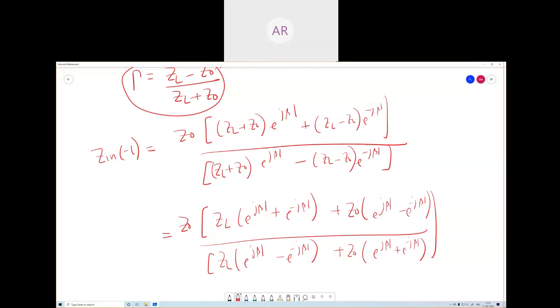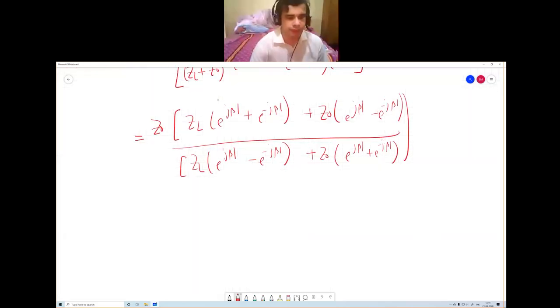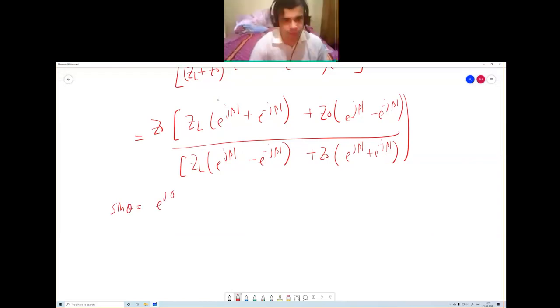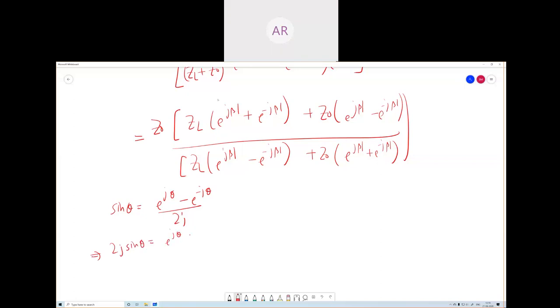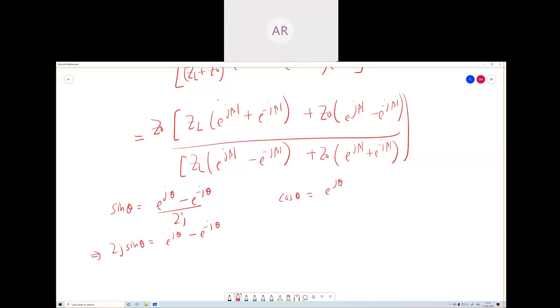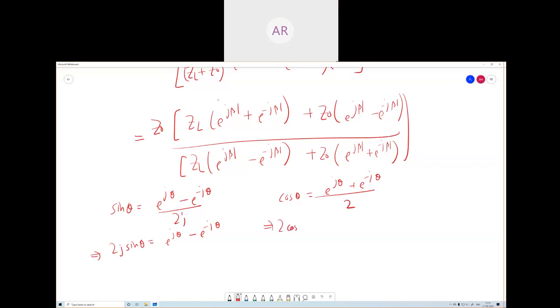Okay. Now we use the very old identities: sine theta is equal to e to the power of j theta minus e to the power of minus j theta over 2j, or 2j sine theta equals e to the power of j theta minus e to the power of minus j theta, and 2 cos theta equals e to the power of j theta plus e to the power of minus j theta.